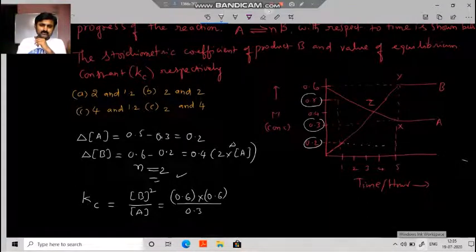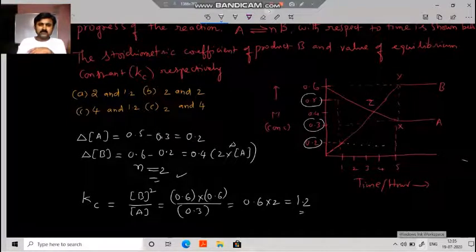So 0.3 and 0.6 cancel, 0.6 into 2 is 1.2. Means 2 and 1.2. These are the answers. Option A is the right option for this question.